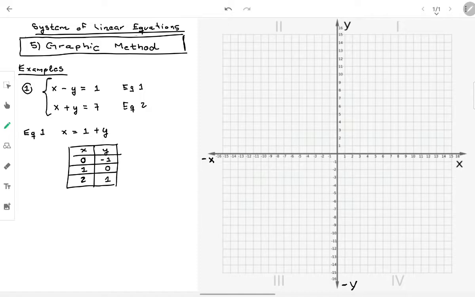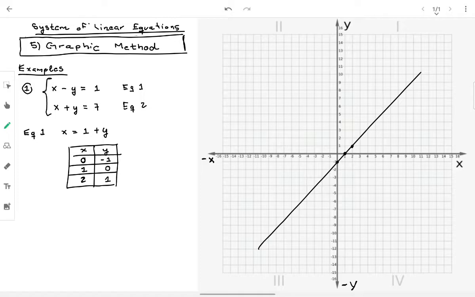The first one is 0 in x, minus 1 in y, that is this one. The other one is 1 in x, 0 in y. And the other one is 2 in x and 1 in y. So we have those 3 points, and we need to draw our line to graph the first equation. It's that line that passes through those 3 points.